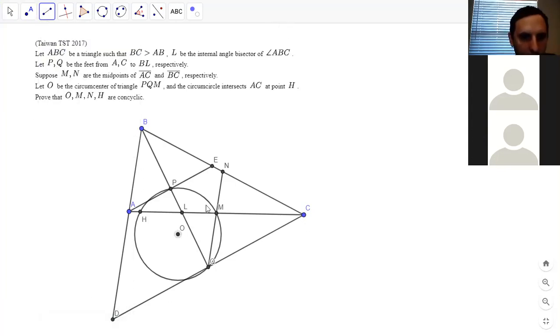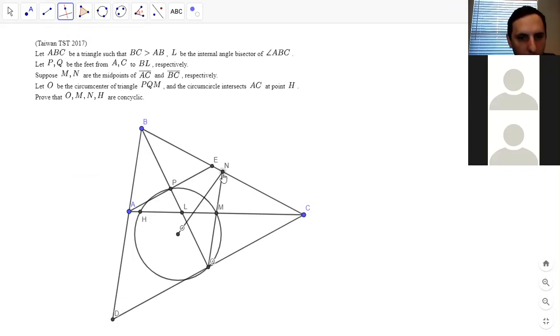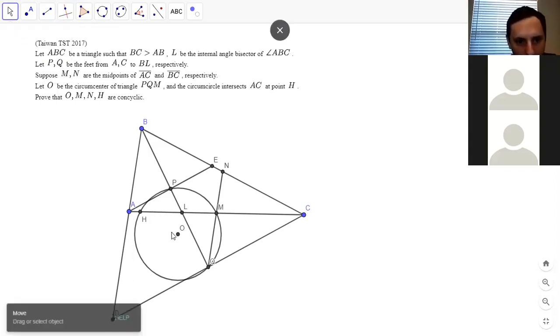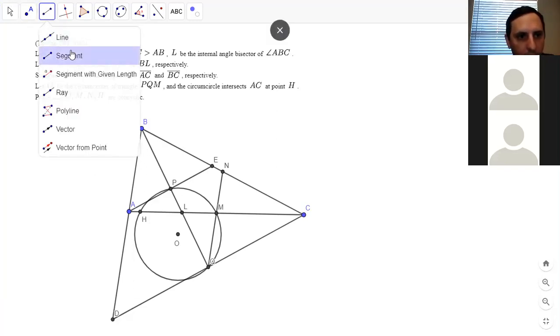Let's see. So PM is parallel to BC. Forgot about that.